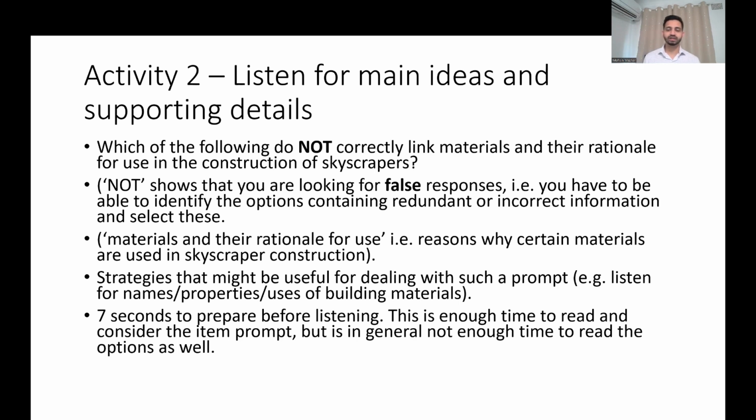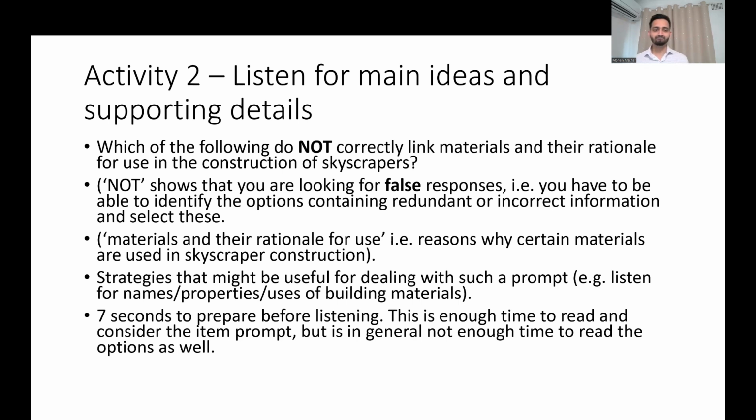It's a tricky one. You have to be able to identify the options containing redundant information or incorrect information and select these. So you have to identify the incorrect information in the options, and you should be able to select your answers.